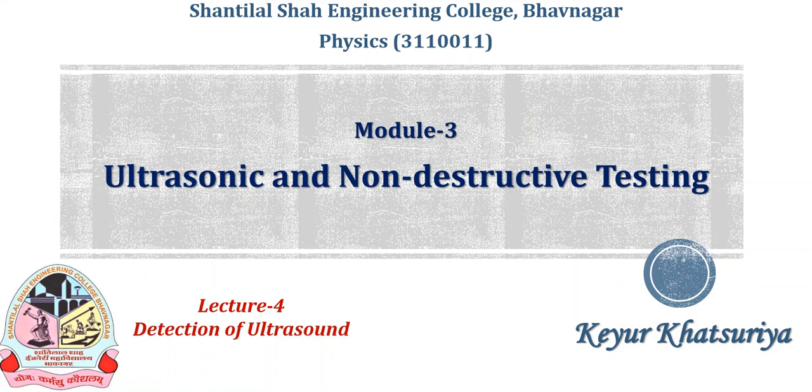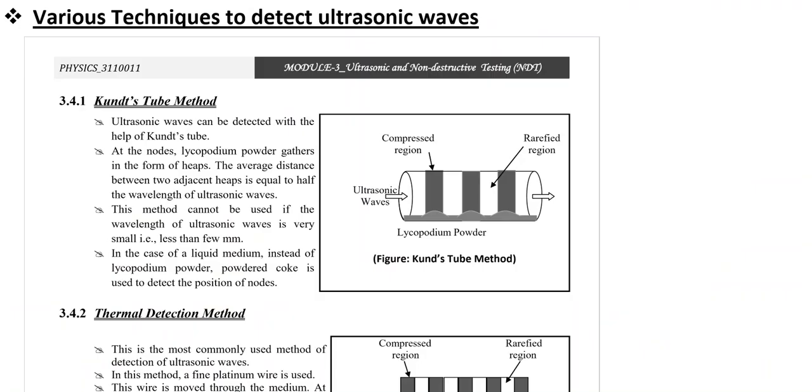Now the next topic in this unit is the detection of ultrasound. In this lecture, we will discuss the ultrasonic detection techniques, and later we will discuss the velocity measurement with the help of acoustic diffraction grating of ultrasound.